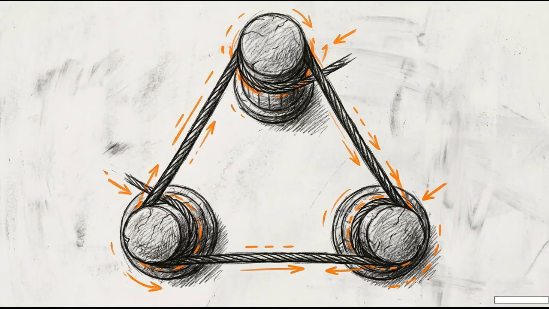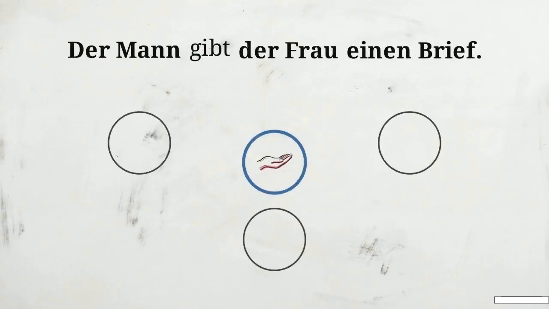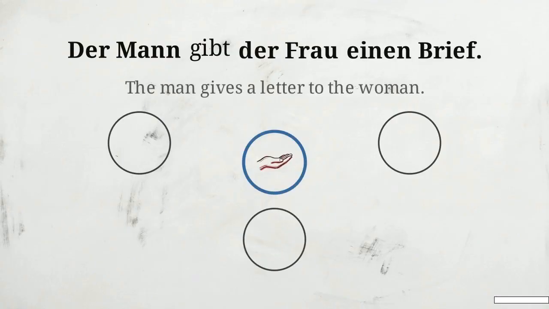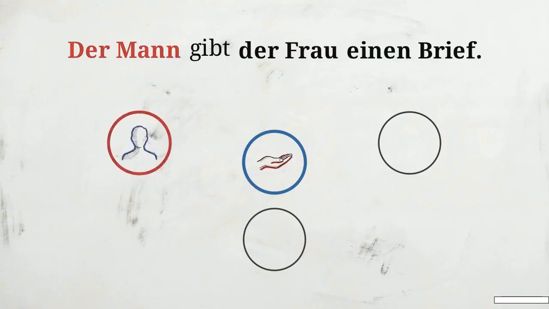This logic scales up into the ditransitive framework, complex sentences that require three distinct arguments to function properly. This expanded graph maps a three-node system using the sentence, Der Mann gibt der Frau einen Brief. The man gives a letter to the woman. The subject role, der Mann, is our nominative actor initiating the transfer. The accusative object is einen Brief.